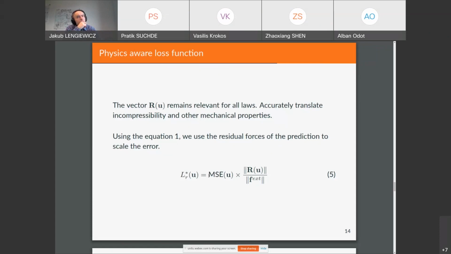So basically, we multiply the MSE by the residual divided by the external forces. Thus for two MSEs of the same value, but with different displacement, you will have different residual. So this helps us differentiate between the good prediction and the bad prediction.